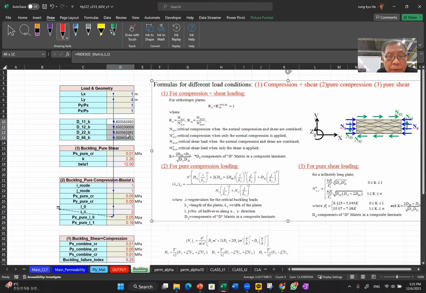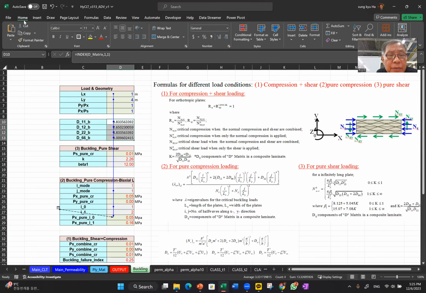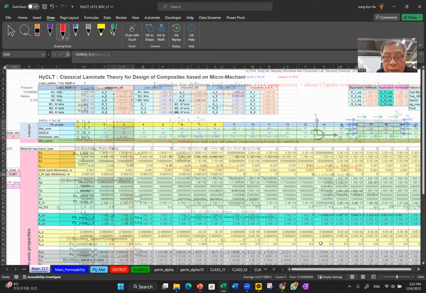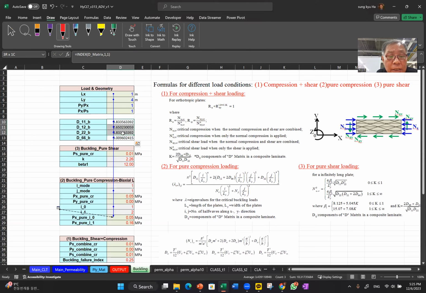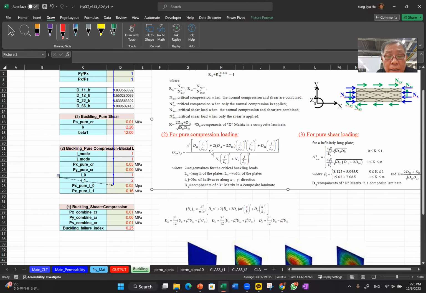A very important point is this one. This can come from our composite laminate bending stiffness. Once we have this, all you need to do is enter it here.